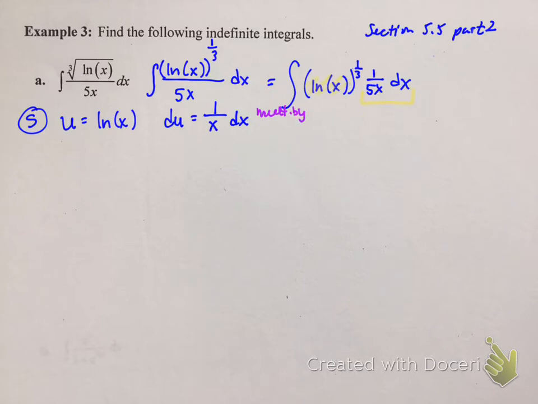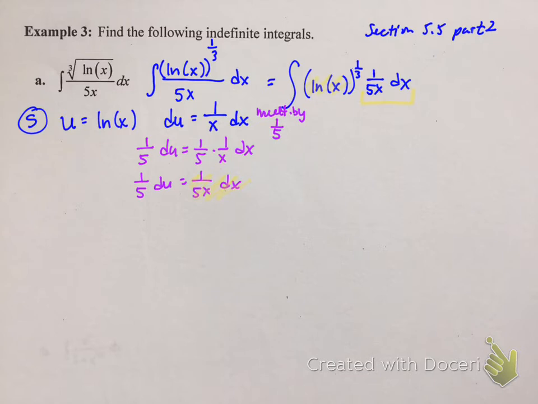This time around, I'm going to have to multiply by 1/5 to get it to be 1 over 5x. So if I multiply by that constant, I get 1/5 du equals 1/5 times 1 over x dx. So that becomes 1/5 du equals 1 over 5x dx. Now my leftovers match. So 1 over 5x dx matches the original equation.